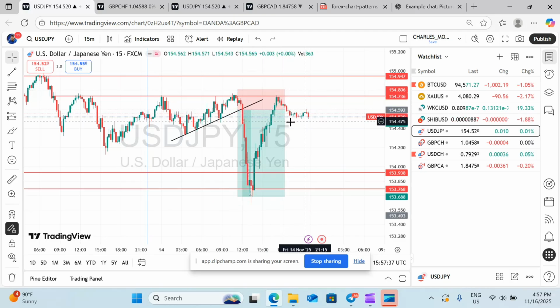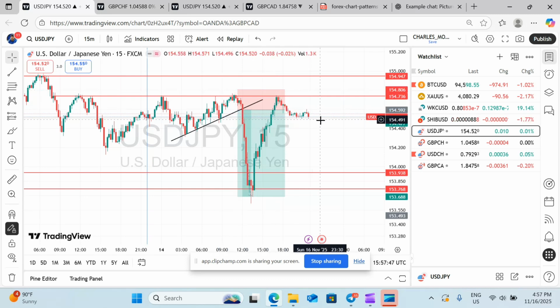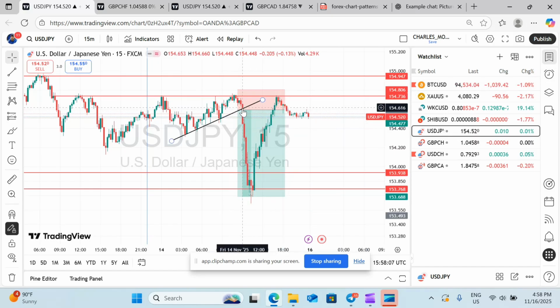So your stop loss might be above the recent high, or probably you calculate your stop loss range depending on what you feel in the market. But I will always advise, if you are setting your stop loss, let it be above the recent high of your trend line breakout. I don't know if you get me. This is a practical example of what I'm saying.